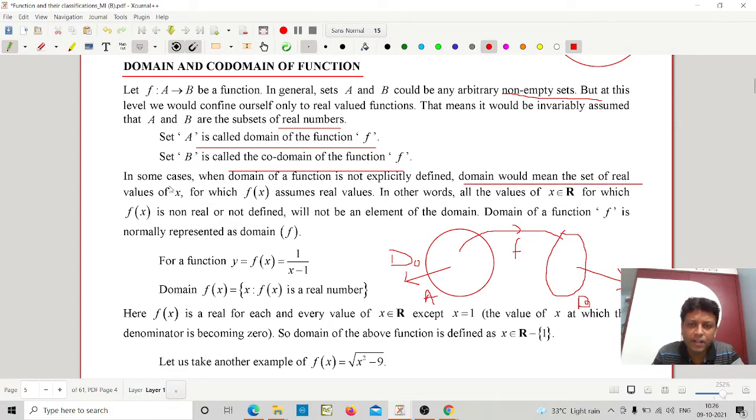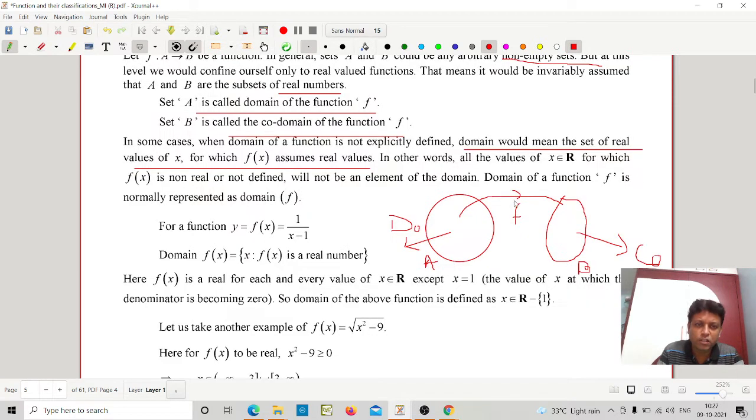For a value of x, we get a real value of f(x). If you get complex values or undefined, that won't be accepted in a function. So all the real values of x for which f(x) is non-real or not defined will not be an element of the domain.